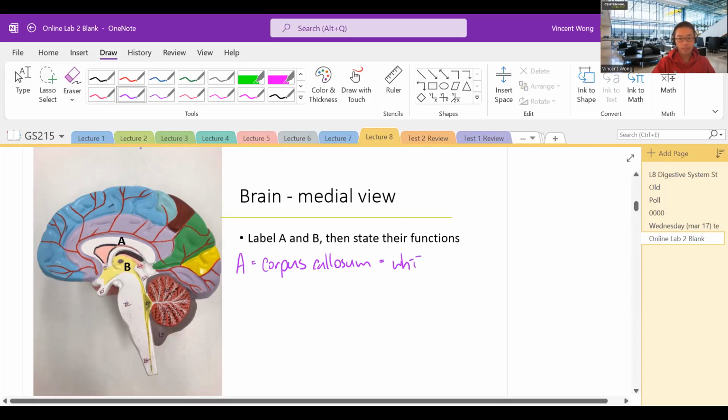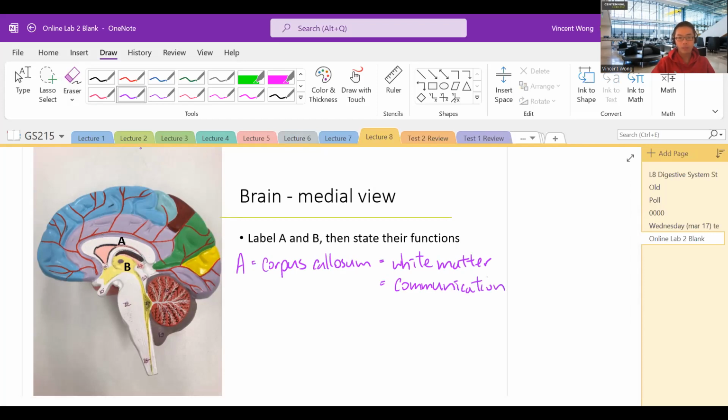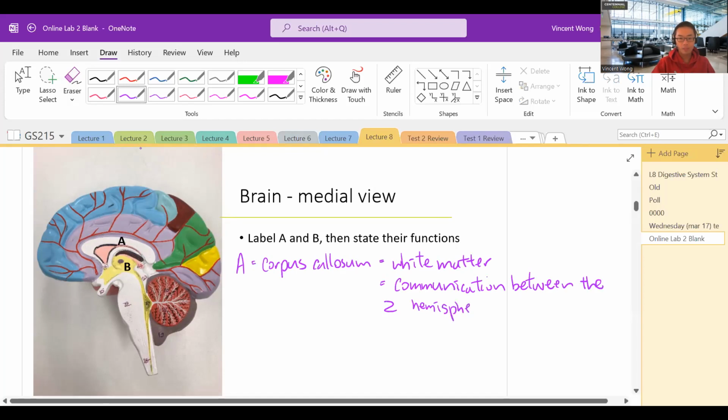It's white matter, and it allows communication between the two hemispheres. That's the corpus callosum.